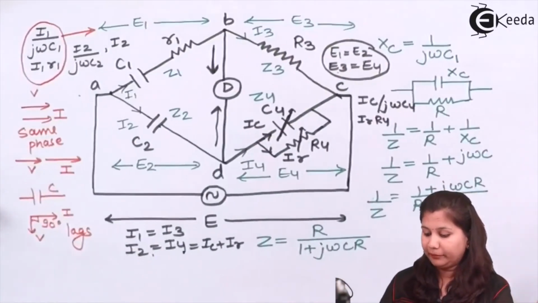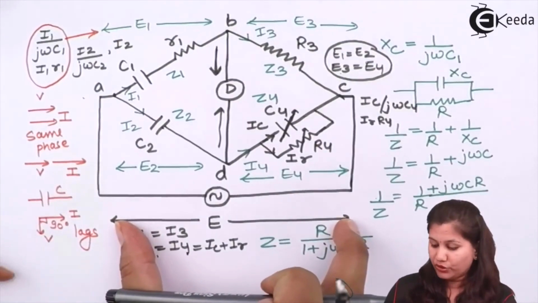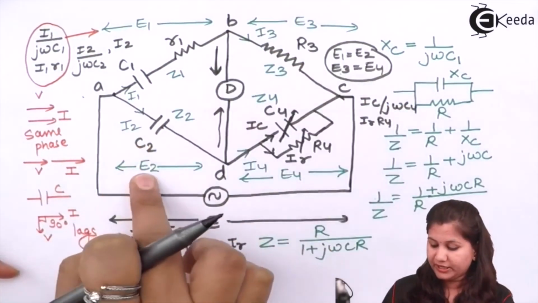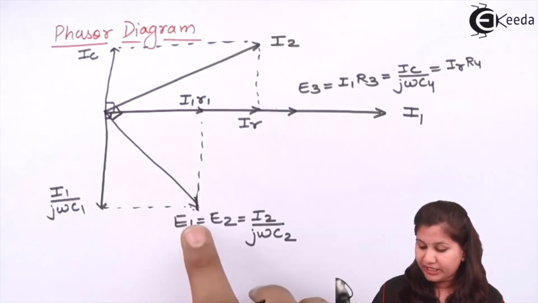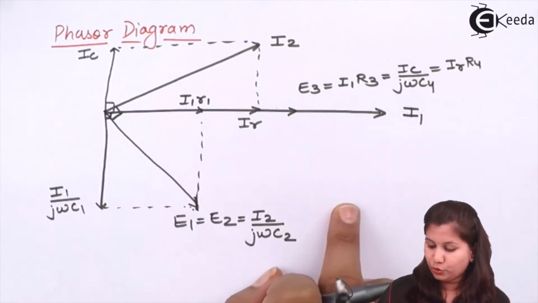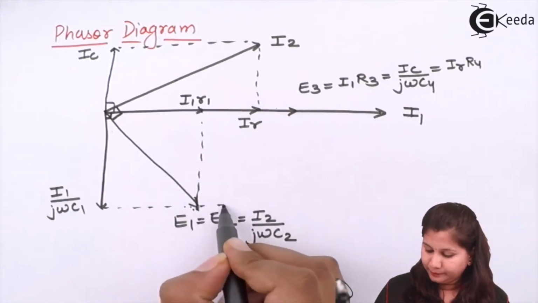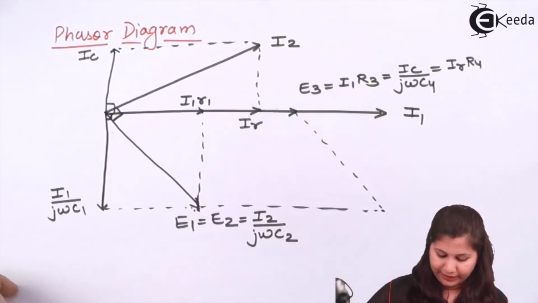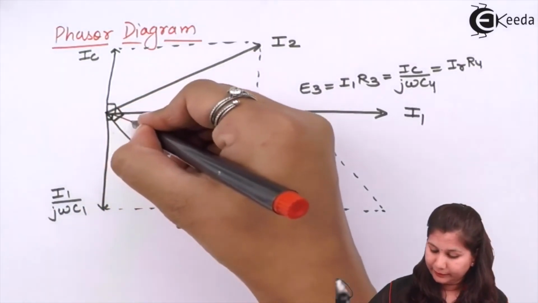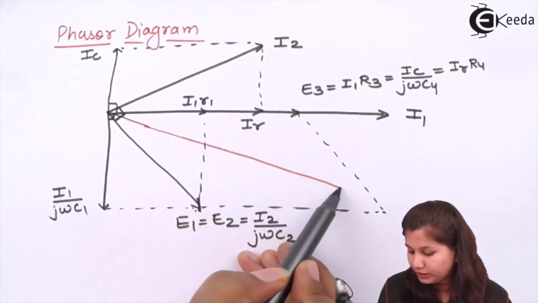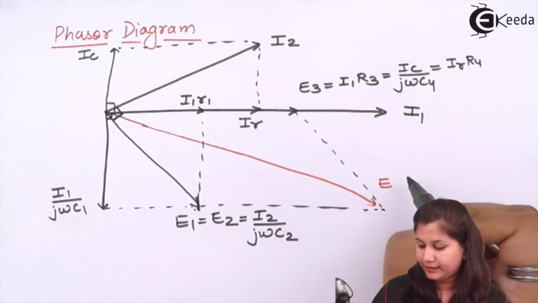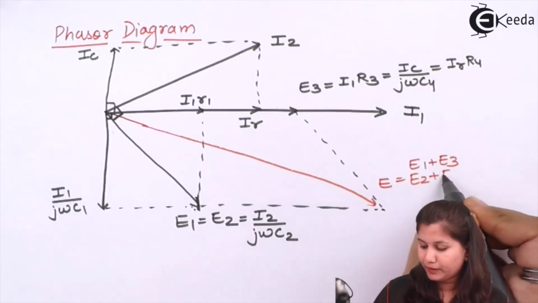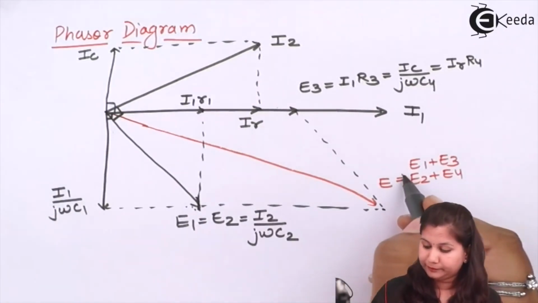Now the total EMF provided by the voltage source is E. So E is equal to the sum of E1 plus E3, or we can say it is the sum of E2 plus E4. If we extend these vectors E2 and E3, we will get our resultant EMF, or total EMF E, and this is equal to E1 plus E3, or equal to E2 plus E4.